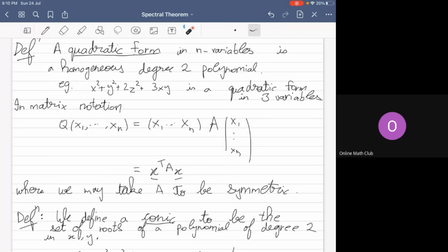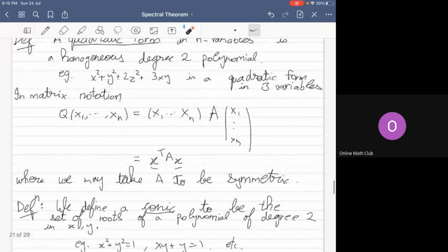For example, this here, it needs to be homogeneous, as in each term must have degree 2. So this is a quadratic form in 3 variables because we have x, y, and z. And something like x squared plus y squared would be a quadratic form in 2 variables. Okay.